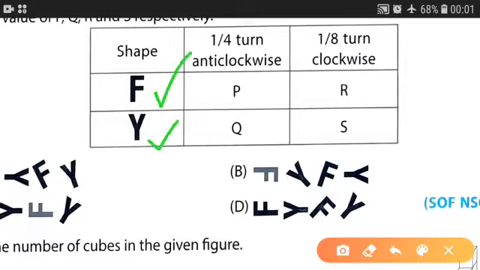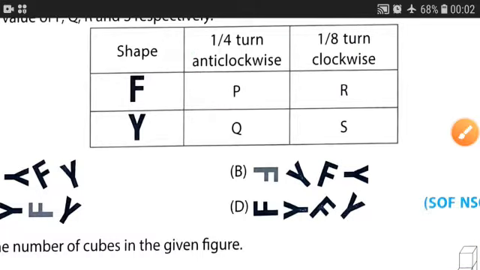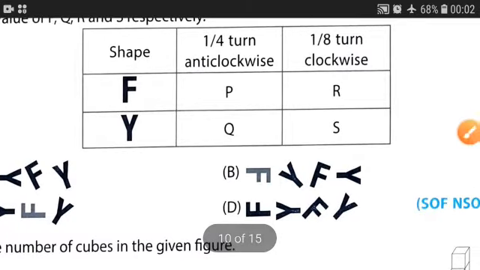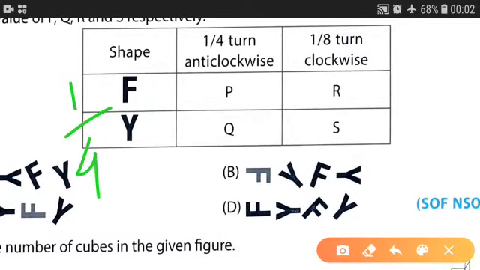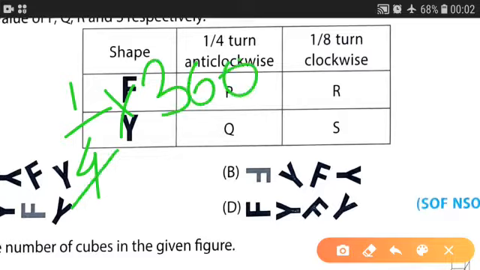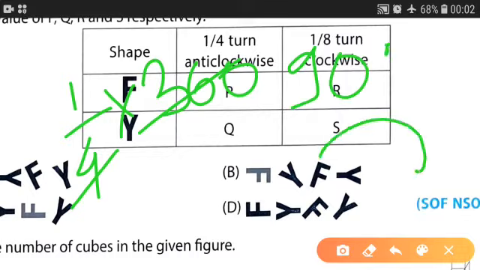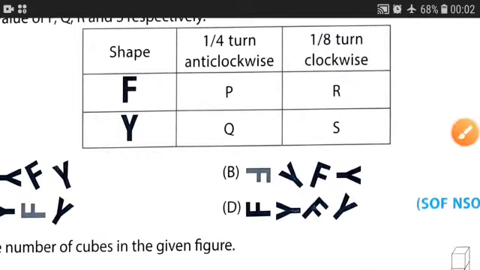First we have to turn this F by 1 by 4th anti-clockwise. 1 by 4th rotation means 90-degree rotation. As I told you, we multiply 1 by 4 by 360, and it comes out as 90 degrees. Anti-clockwise means this is the anti-clockwise direction and this is the clockwise direction, so we follow the anti-clockwise direction.